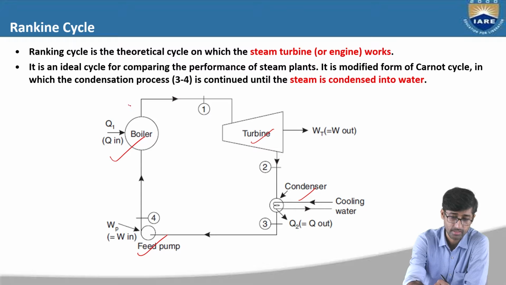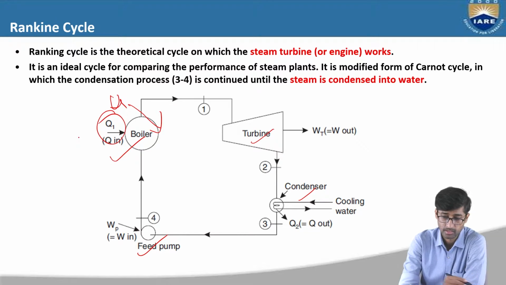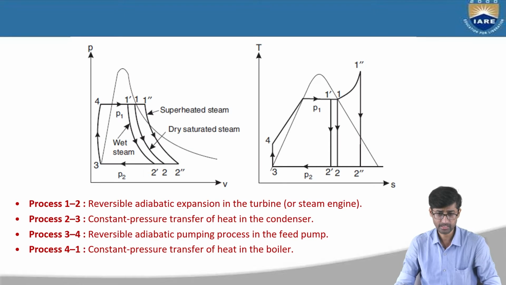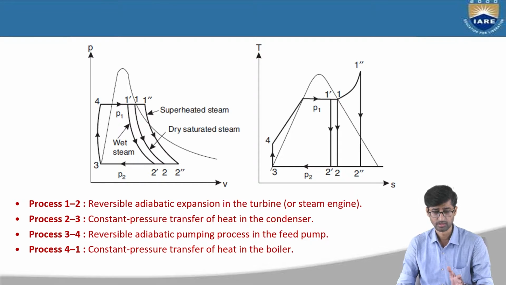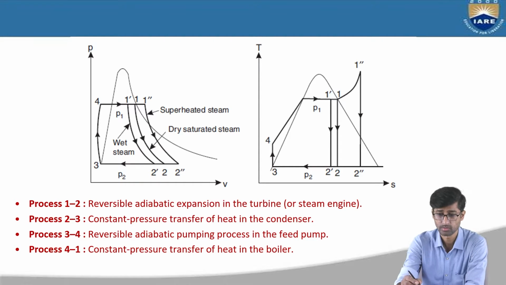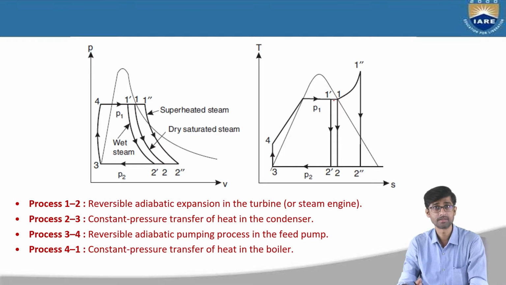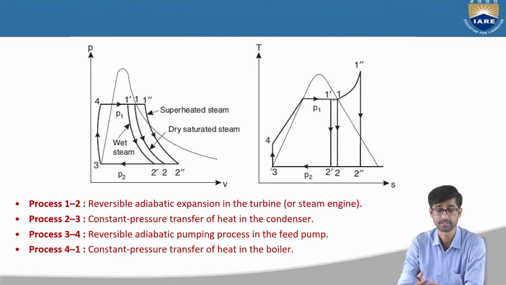Here, from 4 to 1 heat is supplied. Let's say this is Q1, and heat is rejected, Q2, from the condenser. Last class I told you the four processes. At state 1, the condition of steam may be dry saturated steam, wet steam, or superheated steam, depending on the situation.